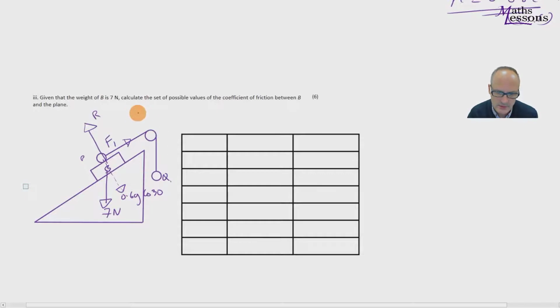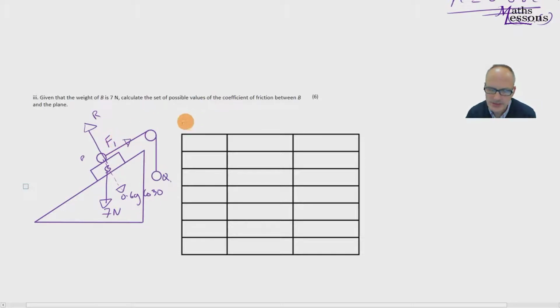Now we want to calculate the possible values of the coefficient of friction between B and the plane. Well, the maximum it can be is 1. Mu equals 1 is the maximum value of the friction. We want to work out what the lowest value of the friction will be. You could have the friction going down the plane, opposing B trying to move up the plane, but F1 is only 0.42.